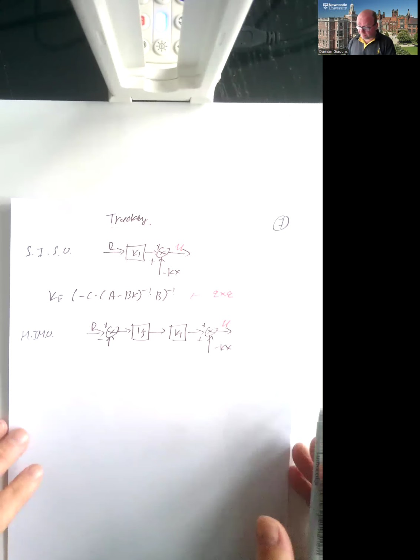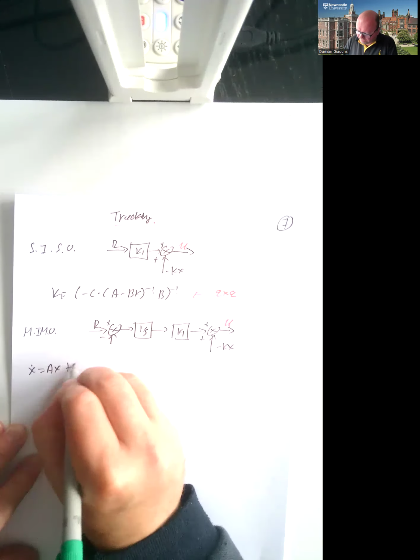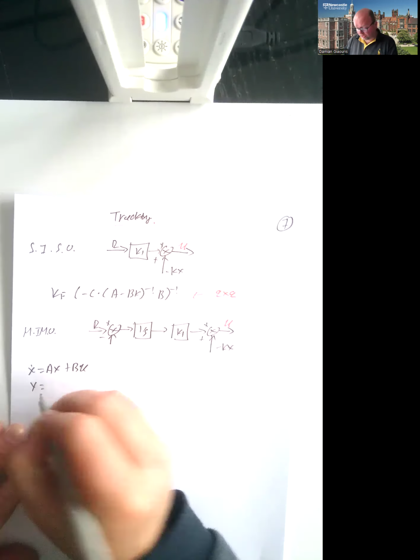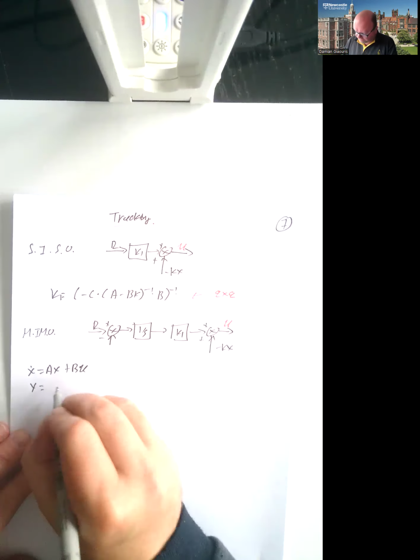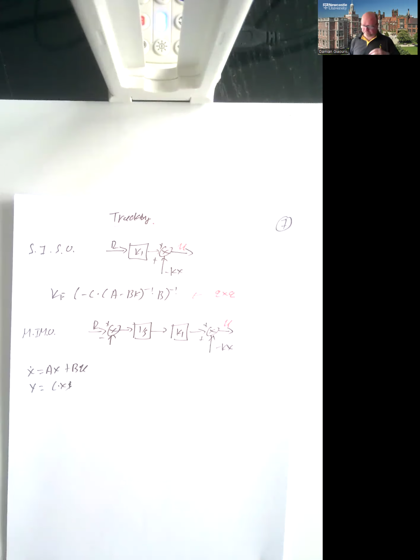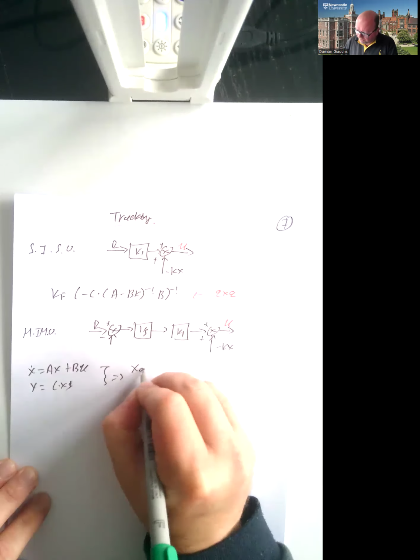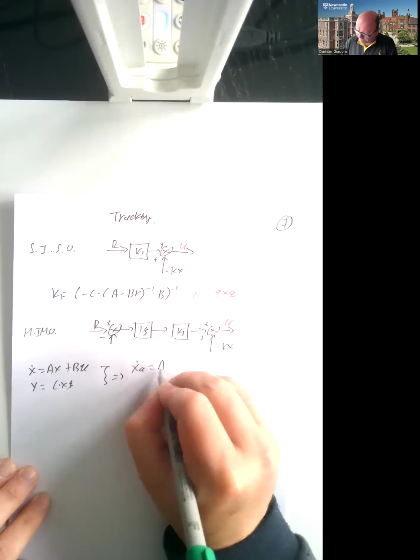Apart from the block diagram, you must be able, if I give you the closed loop state matrix, so the state space model, let's ignore D, you must be able to go from this one to the so-called augmented state space model.